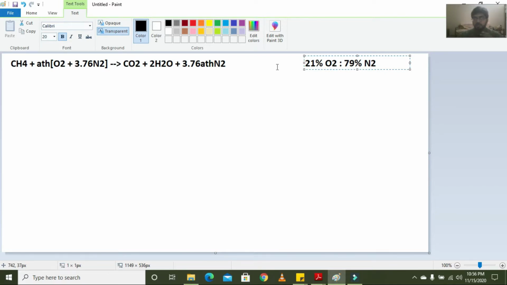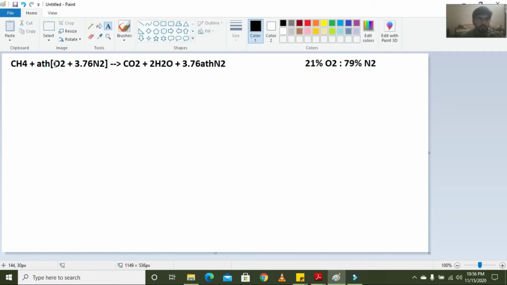This is the composition of the air, based on 21% oxygen and 79% nitrogen.